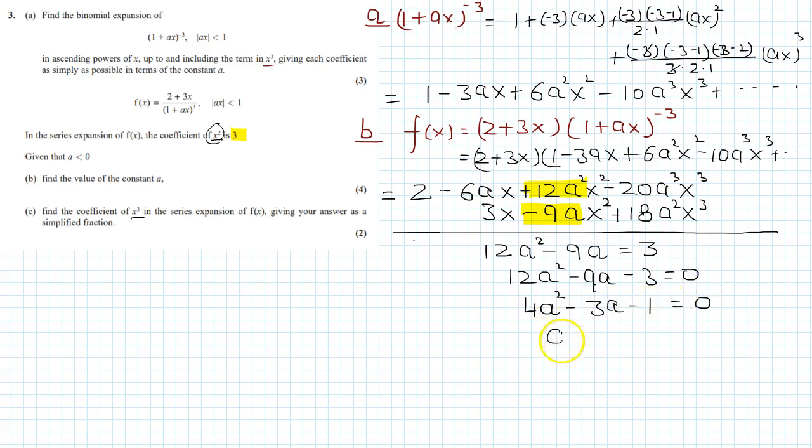If you factorize it, you will get a equal to 1 and a equal to minus 1 over 4. Given that a is less than 0, a is equal to minus 1 over 4.